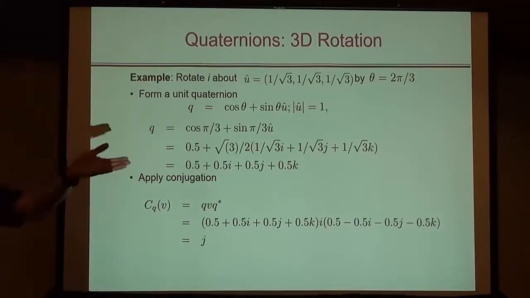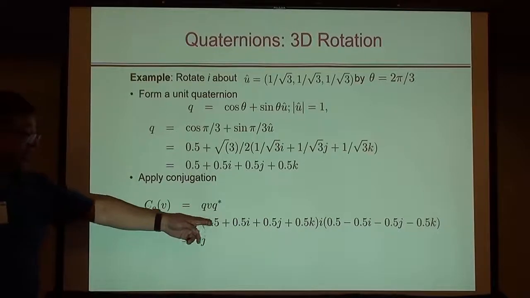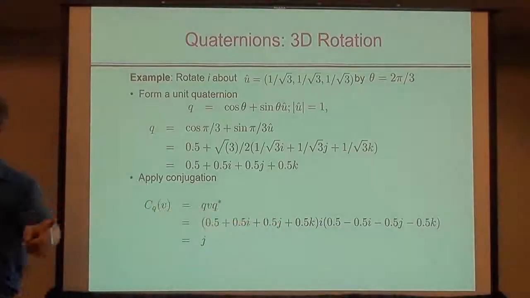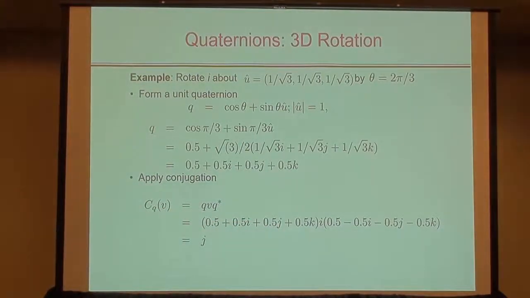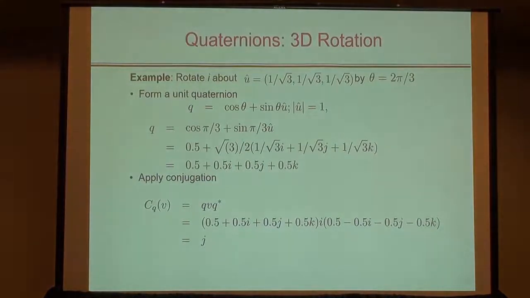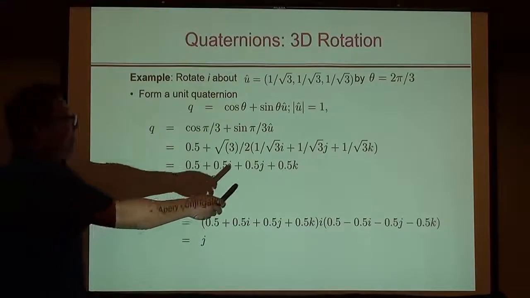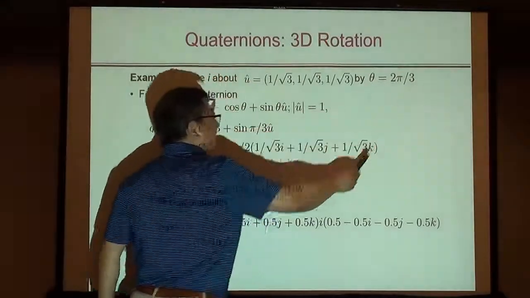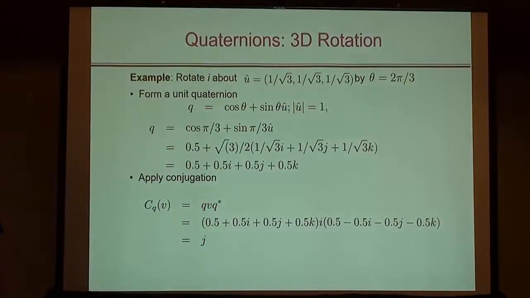It's a 3D rotation. The vector itself rotated by 90 degrees from I to J, but the rotation angle for the quaternion is not. It's 2 pi by 3. If you multiply by 2, it will be 4 pi by 3.